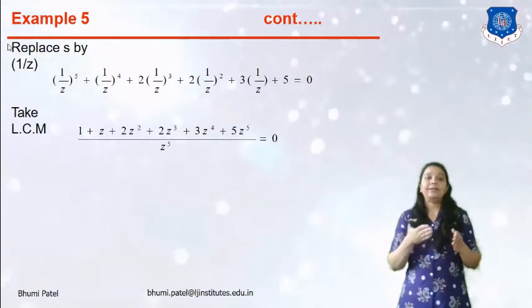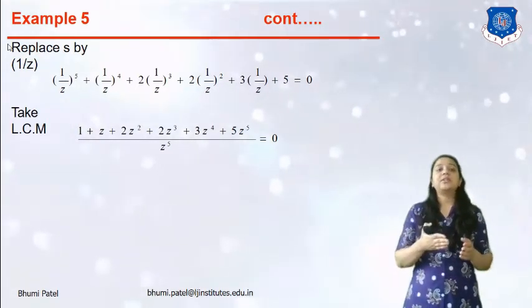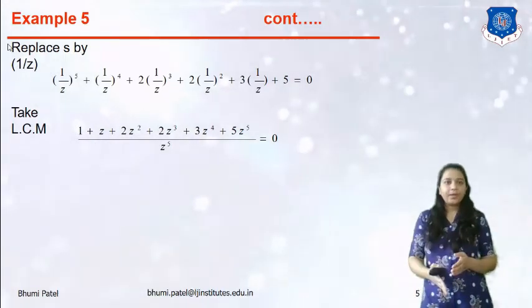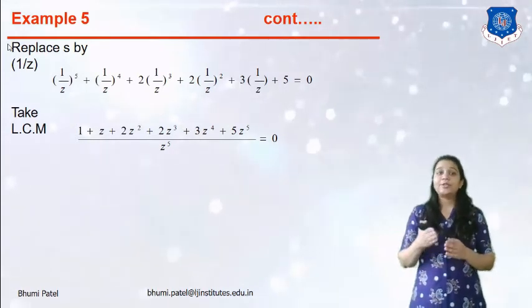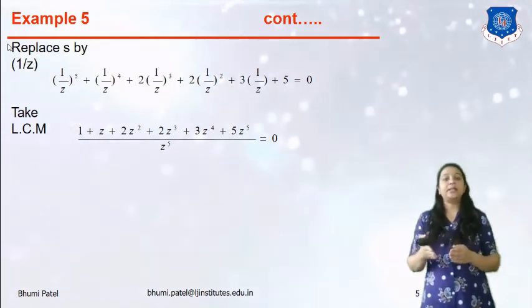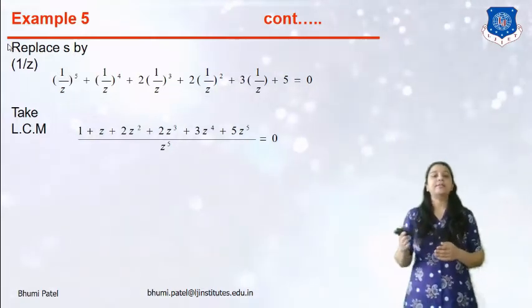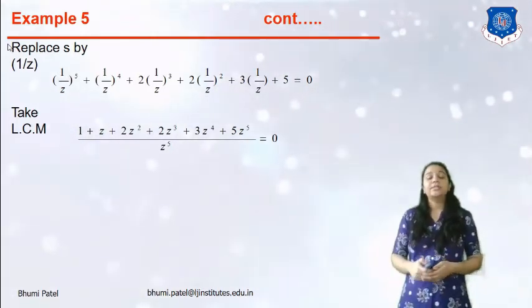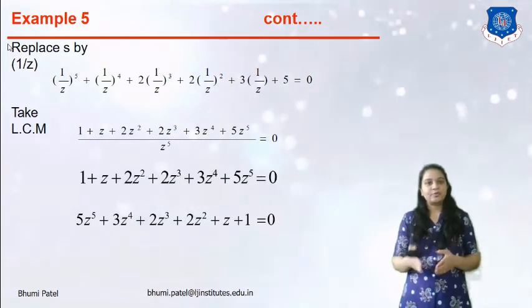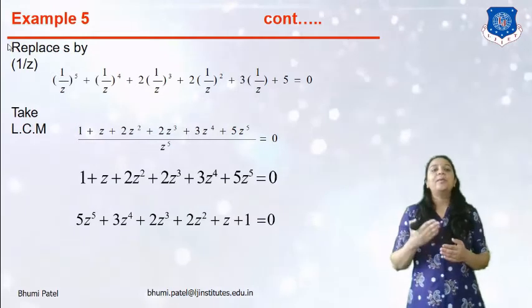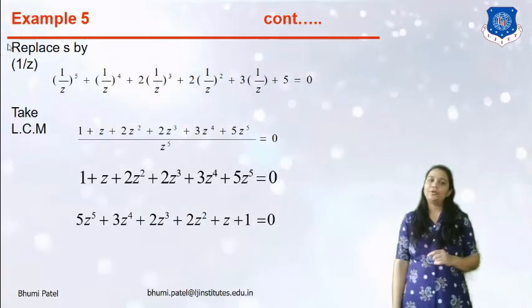Taking the LCM, z raised to 5, the equation becomes 1 + z + 2z^2 + 2z^3 + 3z^4 + 5z^5 = 0.